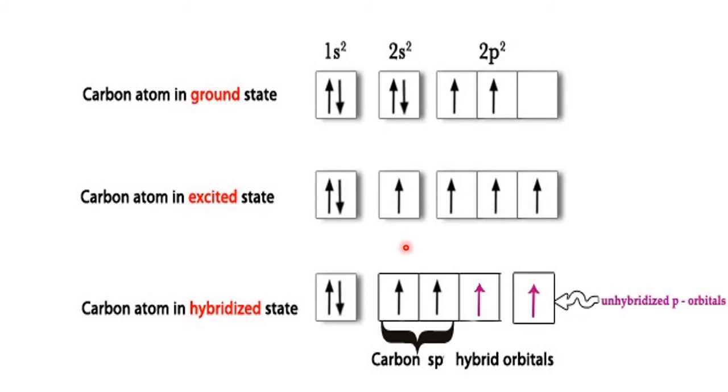So this is sp hybridization. Only two orbitals will undergo it. These two will remain as they are. They are called unhybridized atomic orbitals, and these are called two sp hybrid orbitals. Now sp3 is tetrahedral, sp2 trigonal planar, sp linear, as in the case of beryllium chloride.